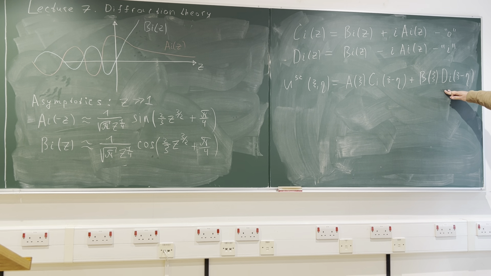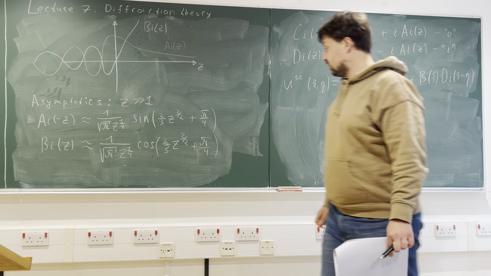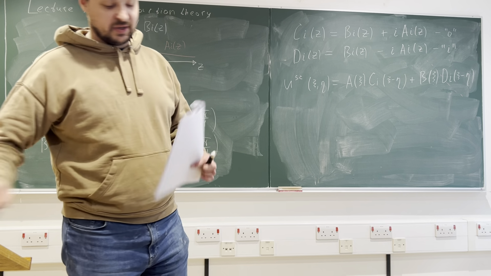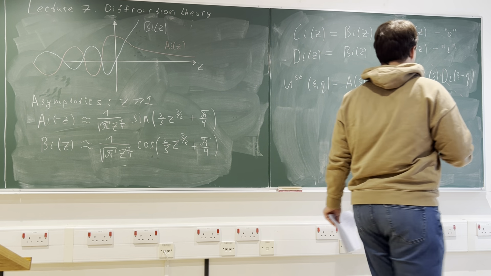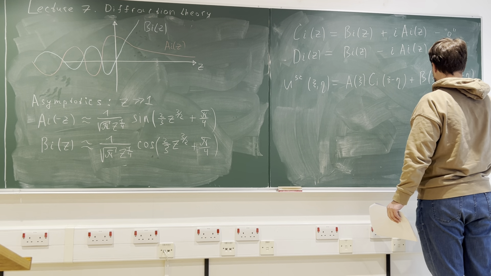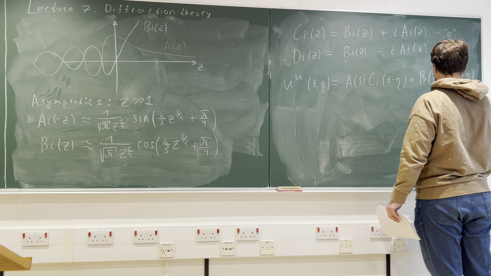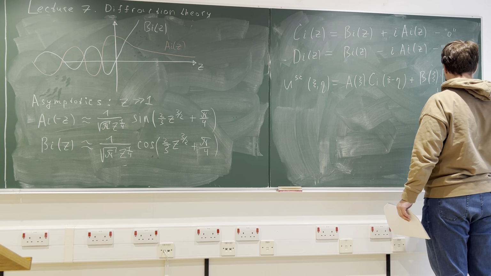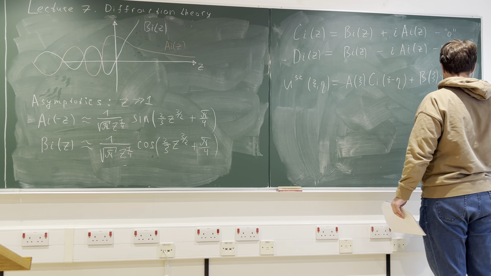We don't want it to grow at infinity. We will prohibit this behavior, and we will say, okay, we prohibited it, and that is what we mean by radiation condition for this particular problem. This is the radiation condition.